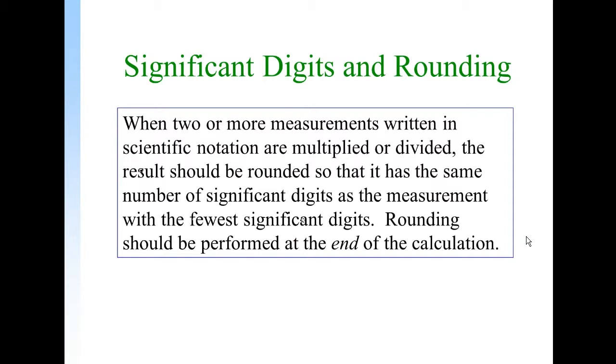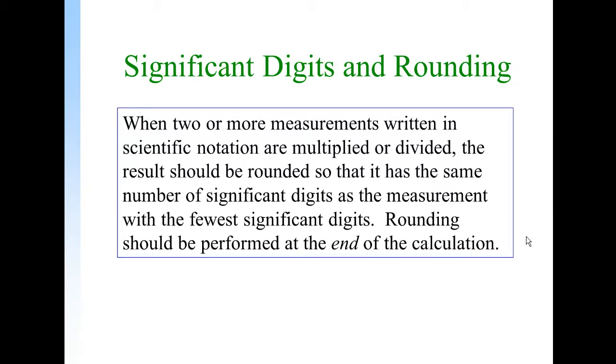Okay, now another thing they do in our math class is they talk about significant digits and rounding. Now, when you put a number between 1 and 10, notice we didn't keep zeros. We just kept the 1s, the 2s, the 3s, etc. We call those significant digits.